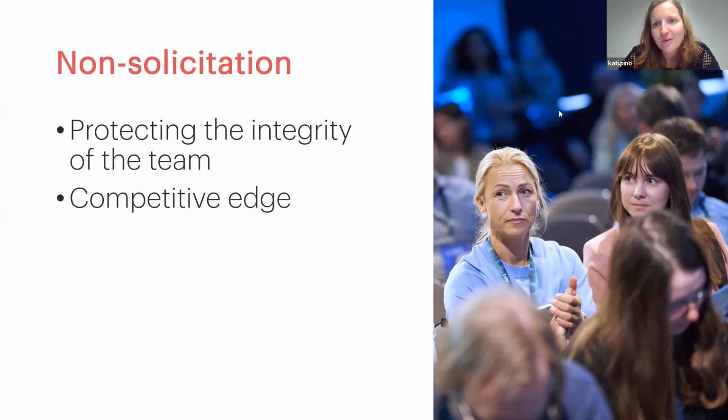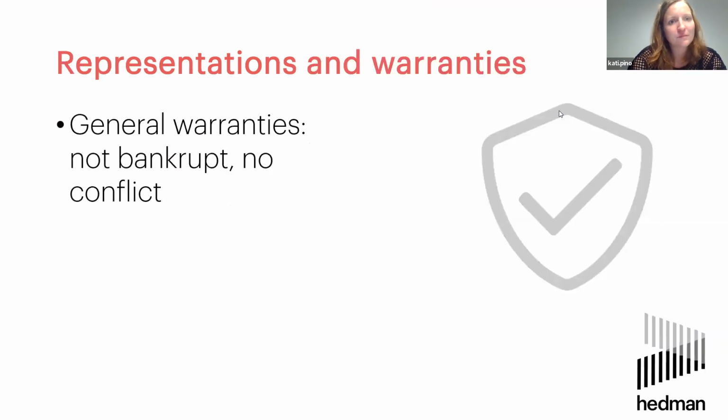On the same reasoning that's used in the confidentiality contractual penalty clauses, it's very difficult to quantify the damages that you might suffer in case of a breach of non-compete or non-solicitation. And then there are just some reps and warranties saying that nobody is bankrupt, nobody's in a conflict of interest and such.